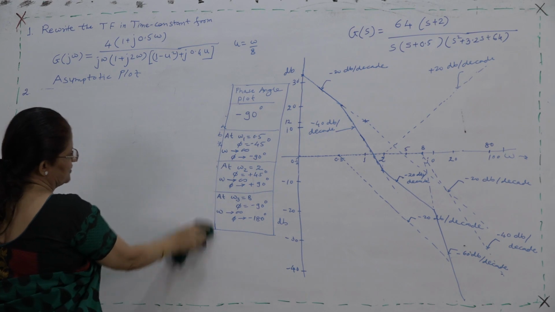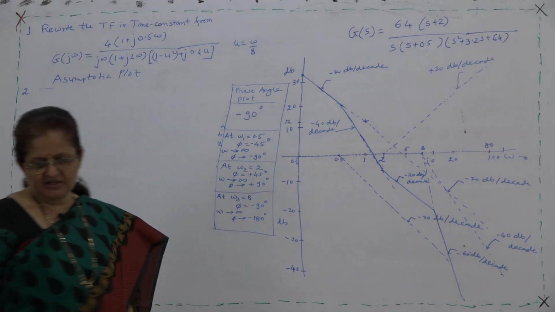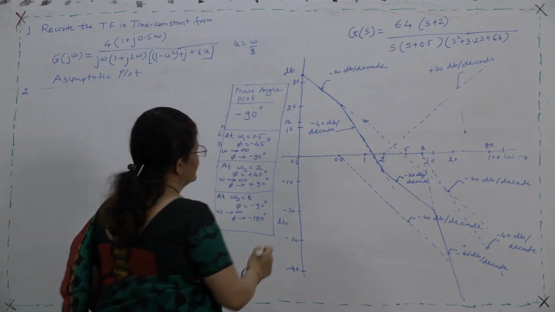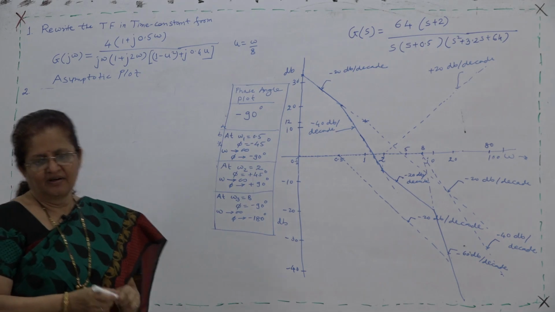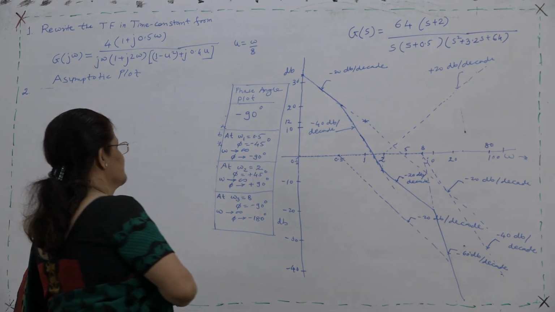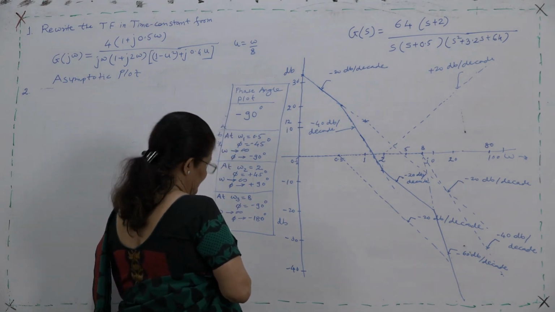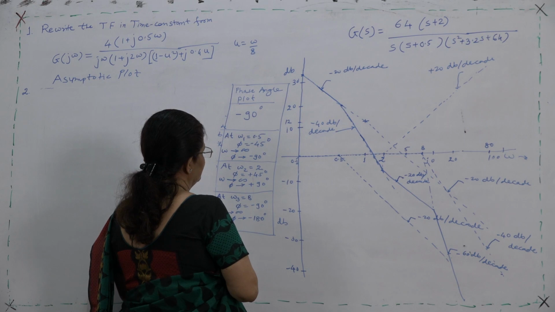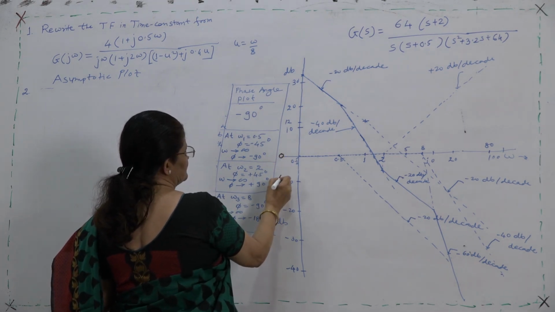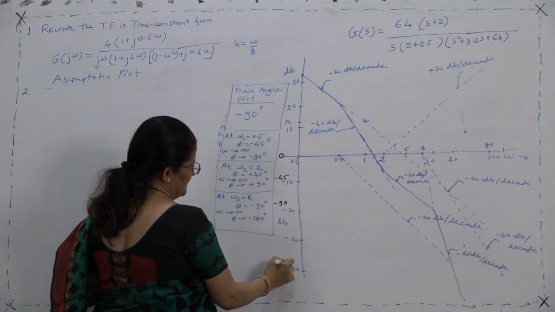For the phase plot, what can you do? You can draw separately for each term, that is, represent it now on the same graph paper with the y axis in terms of angle. So, if I am representing with the angle, this is 0, this is minus 45, this is minus 90, this is minus 180.